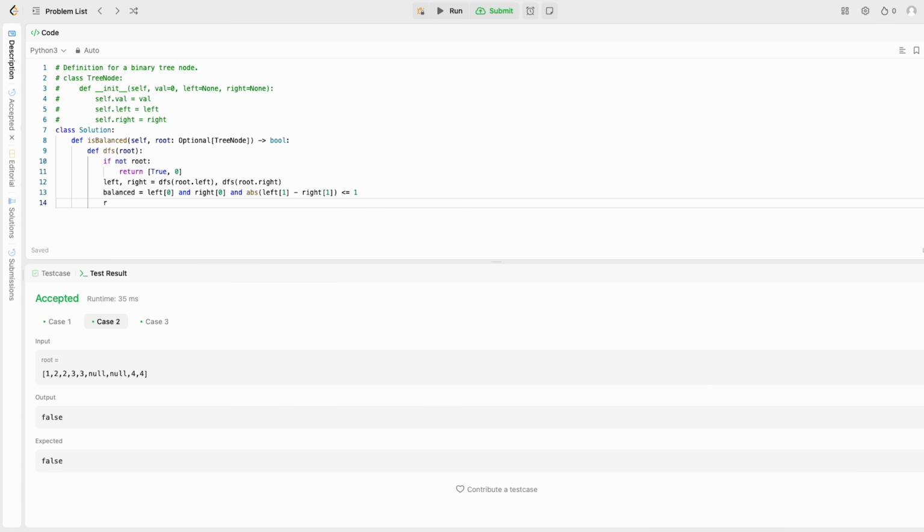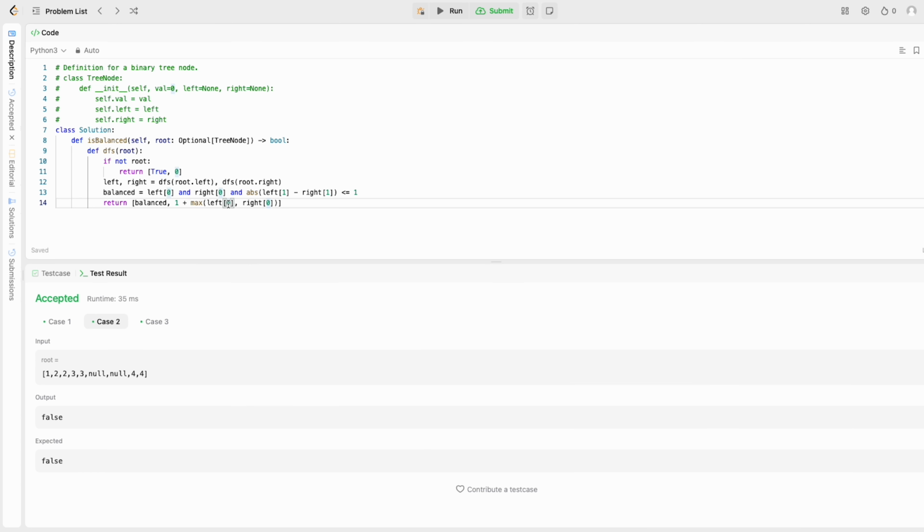After that, we need to return a tuple, and it will be balanced. And also on the other side, we will return the height, so the max of left, 0, and right, 0.